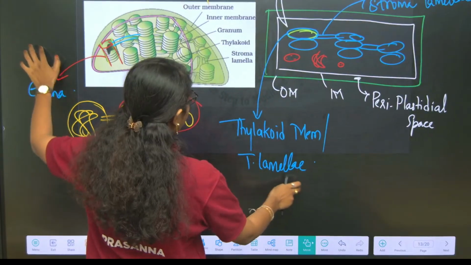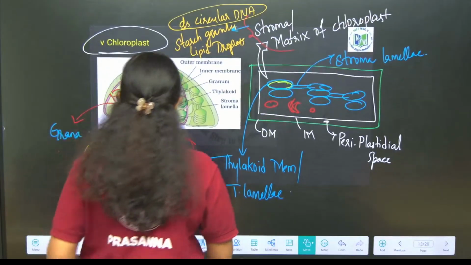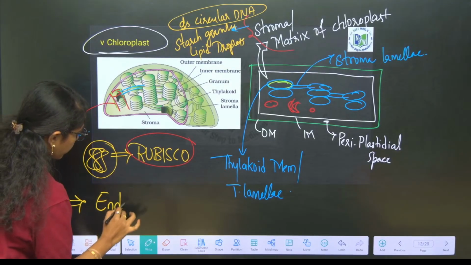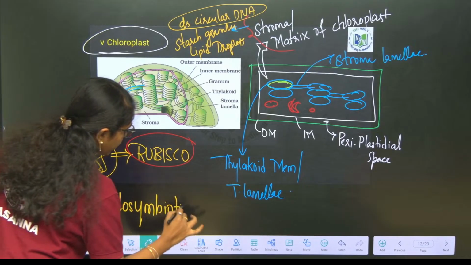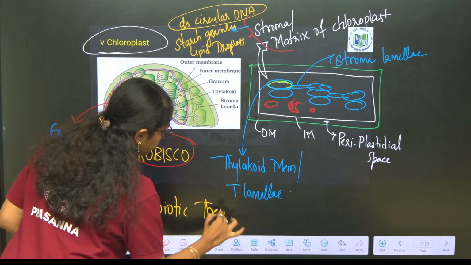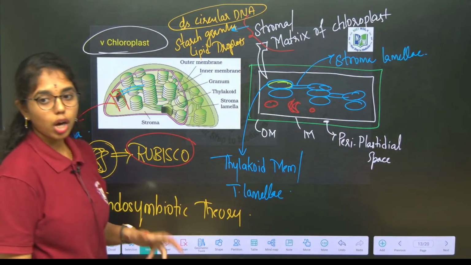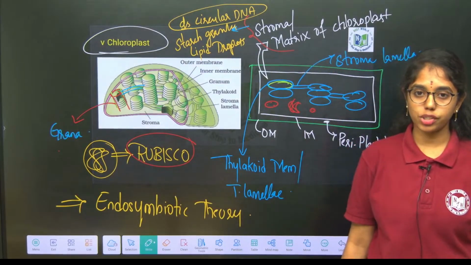Yeah, I will write, wait. Okay, it is endosymbiotic theory beta. Endosymbiotic theory, which gives you the proper evidence that chloroplast and mitochondria were prokaryotic ancestors.